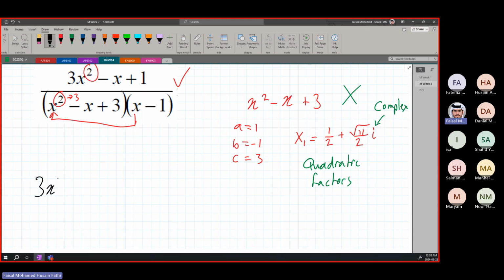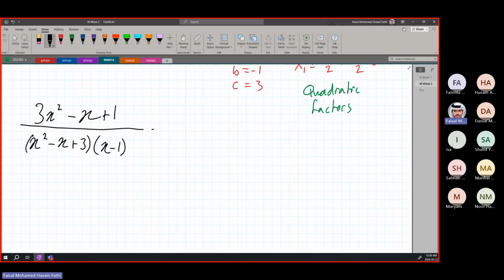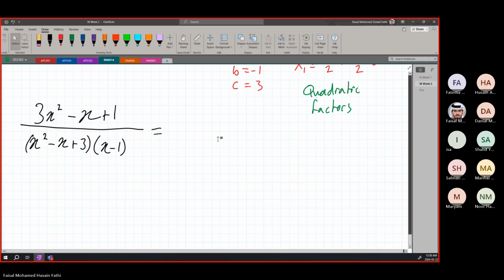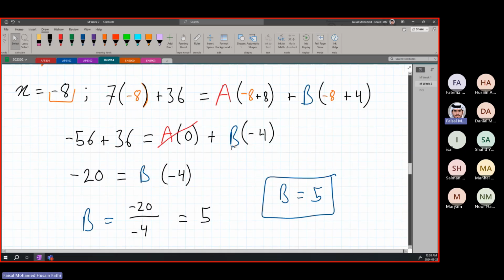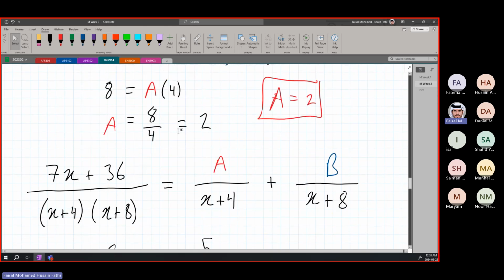Now the quadratic factors is a bit different from the normal ones, where the numerator is going to be slightly different. So I'm just going to rewrite this very quickly again into x minus 1. So for the quadratic part, if you notice in the table, it's not straight up a over or b over. You're going to have to put a times x plus b over the quadratic part, okay? Remember this, you're going to be multiplying by x for a, and then you're going to add b all over the quadratic part.